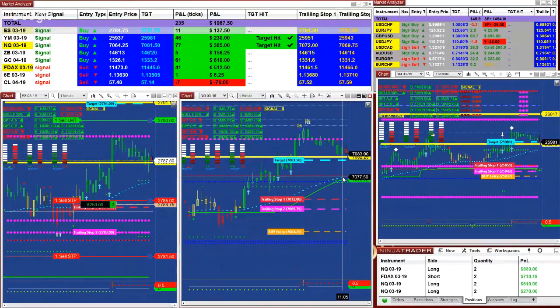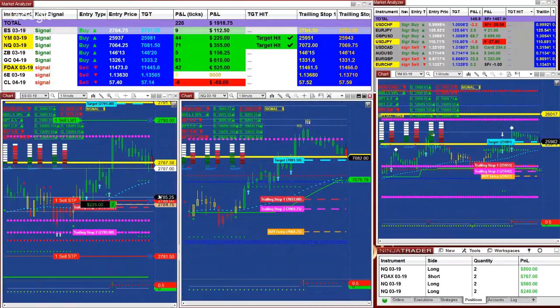This is exactly 77.50. Watch this market at 77.50. Watch this market on the ES at 2786.25. 2786.25 on the ES, and watch that number here, folks, the 7725. Watch those numbers. Those are keys, gentlemen.